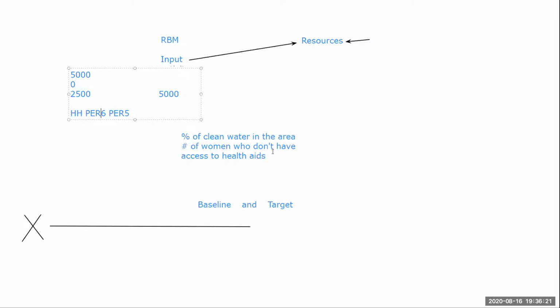You will say, I will target these persons, so I will put them as a criteria: women, ladies, men, boys, food, wash facilities, whatever you are targeting.